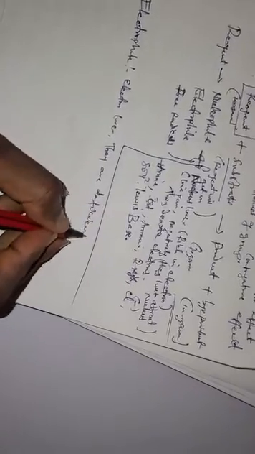For the electrophiles, these are electron lovers. They are deficient in electrons, that's why they love electrons. But they are rich in nucleus.